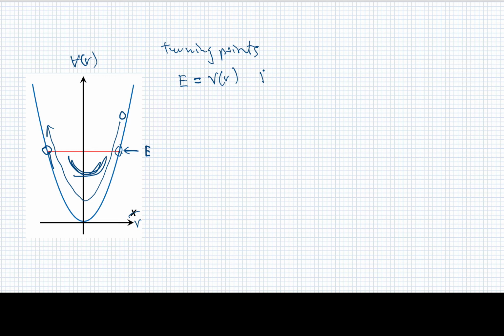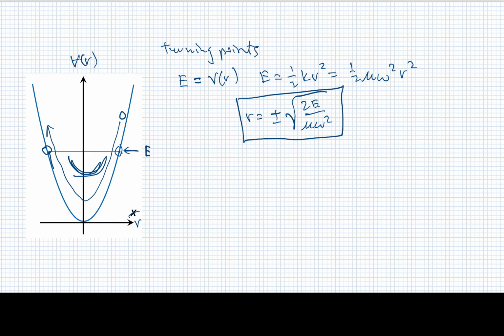So in other words, energy equal to 1/2 k r squared, or 1/2 mu omega squared r squared. And if I solve for r, I'll end up with r is plus or minus the square root of 2E over mu omega squared. So we can find what the positions of those turning points are.